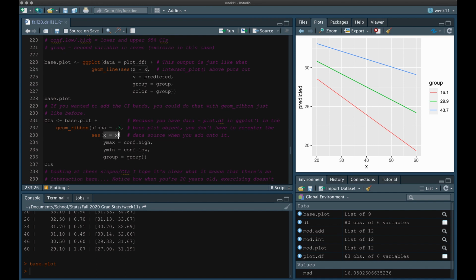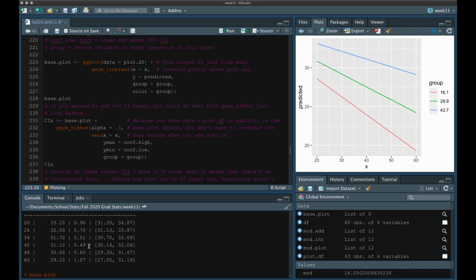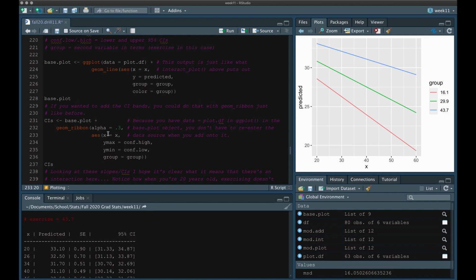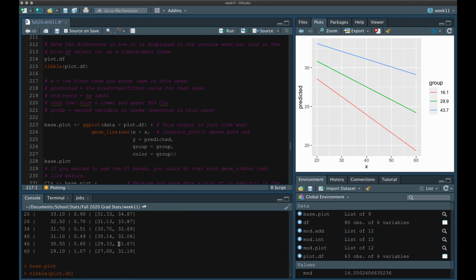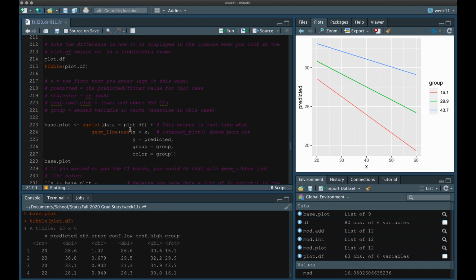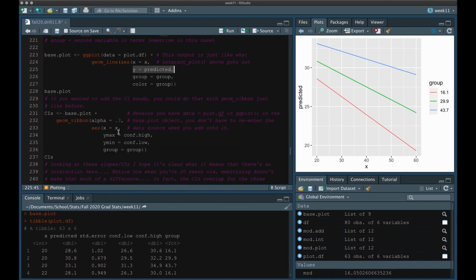But now for the geom ribbon, again, x is x, because x is that age. Y max is that conf high, which again, let's look at what this looks like as a data frame. X is that age, so we want our X axis to be X. We want our Y to be the predicted value. Or excuse me, our Y max will be conf high.